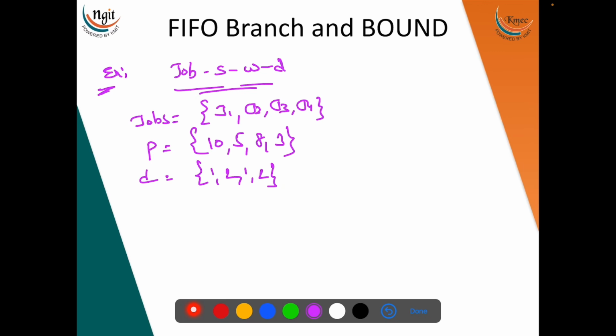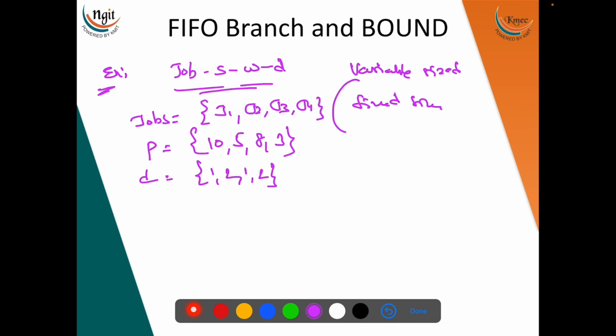Understand that I have to find the solution for this problem, to know what jobs are going to be part of the solution. There are two types of generating the state space tree solution for this problem. One is variable sized and the other one is fixed size.